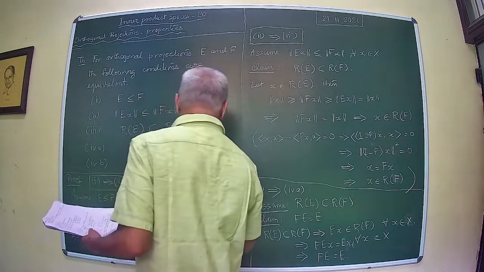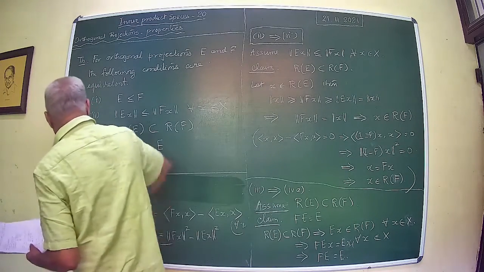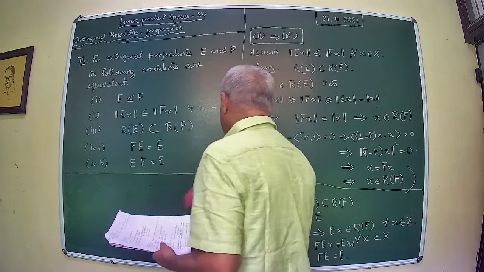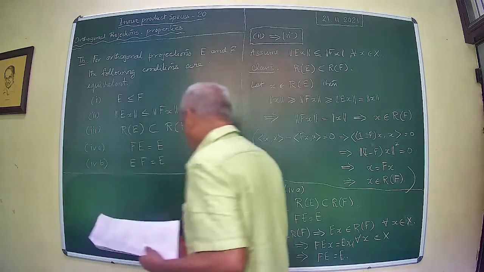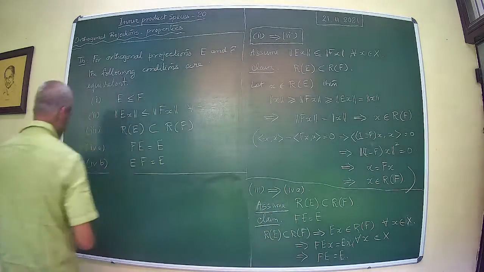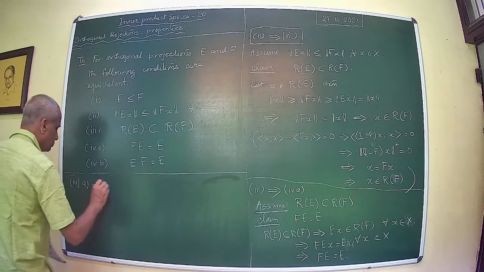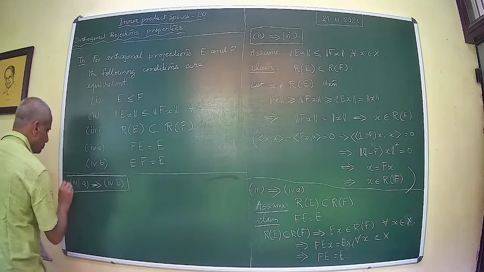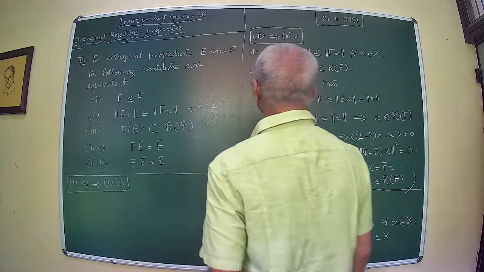So now we prove the next implication, namely 4A implies 4B. Okay.